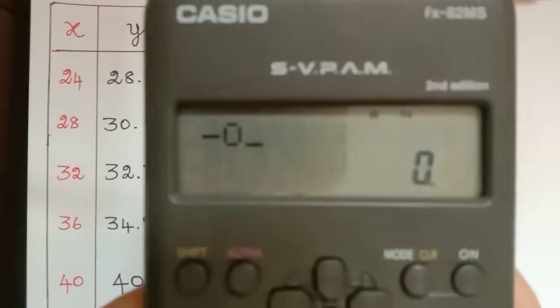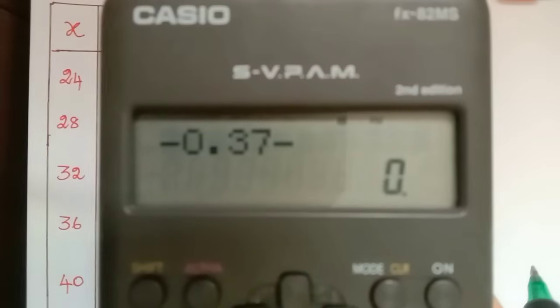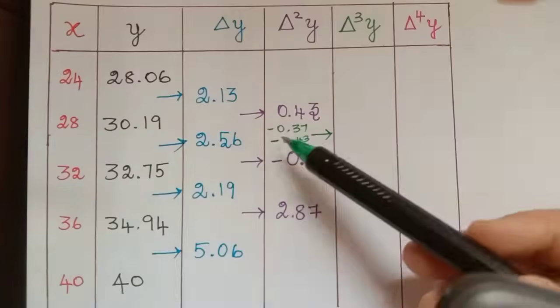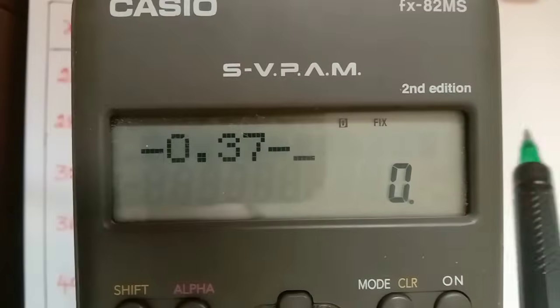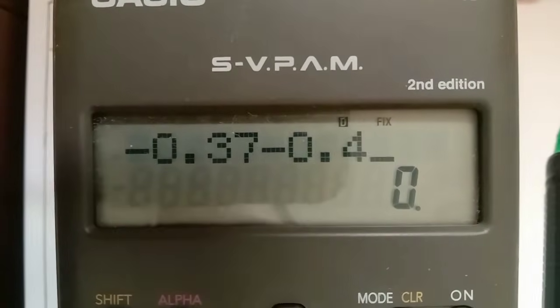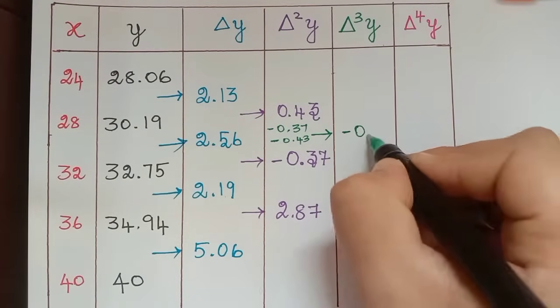So you have to write a negative sign, and then 0.37, and then again a negative sign, because it is minus 0.43. So the answer is minus 0.8. So that we have to write here, minus 0.8.